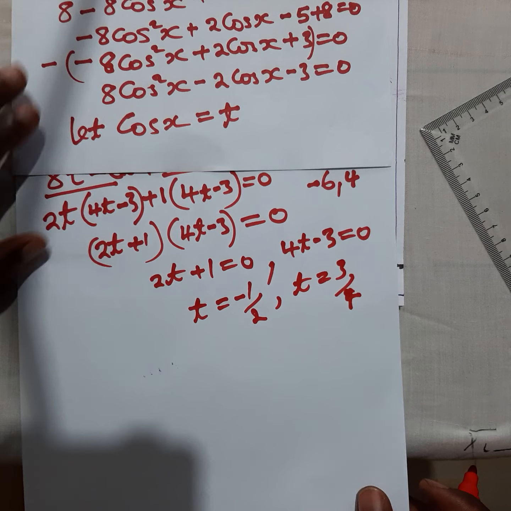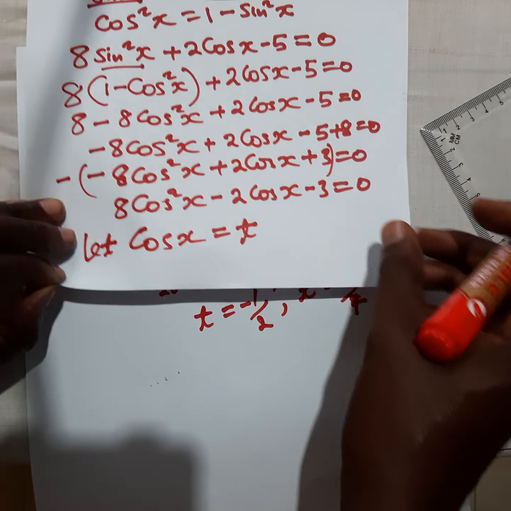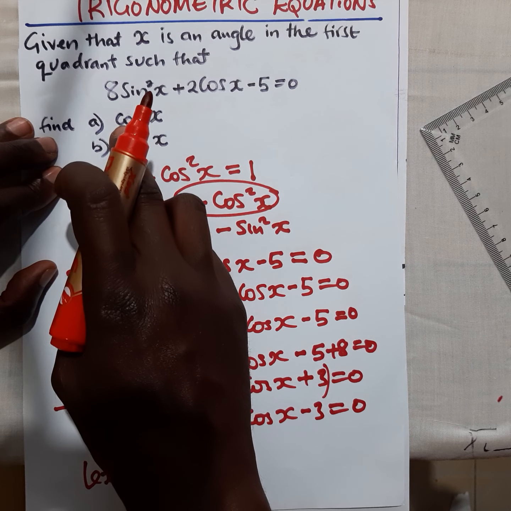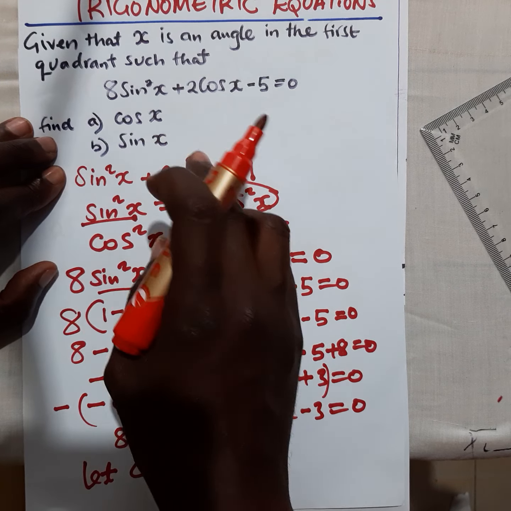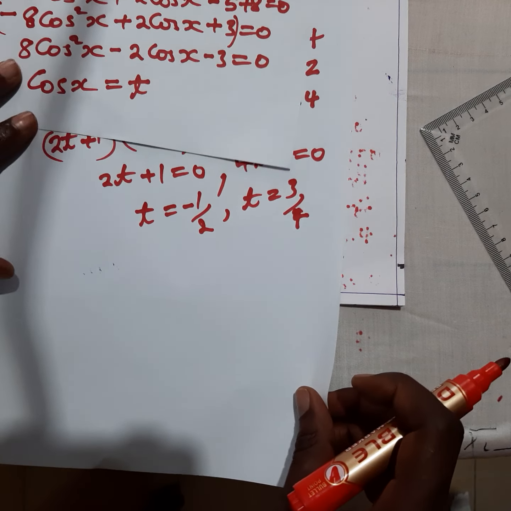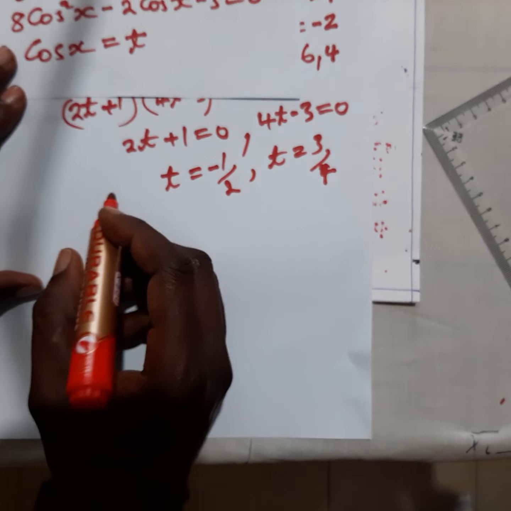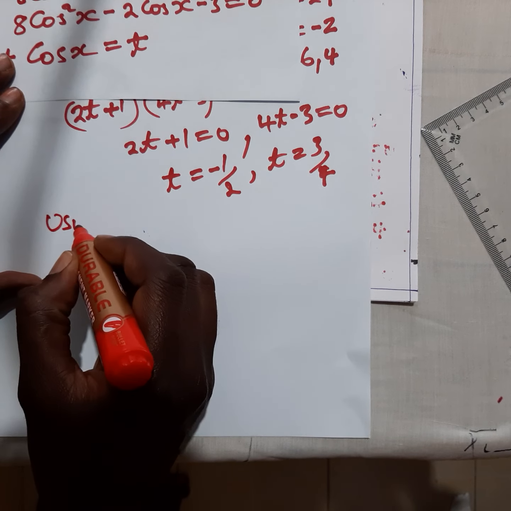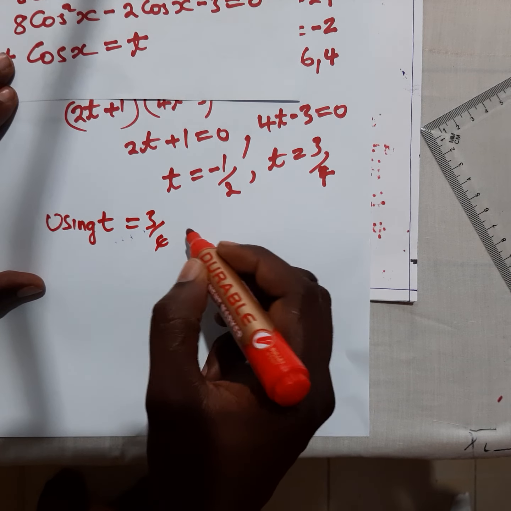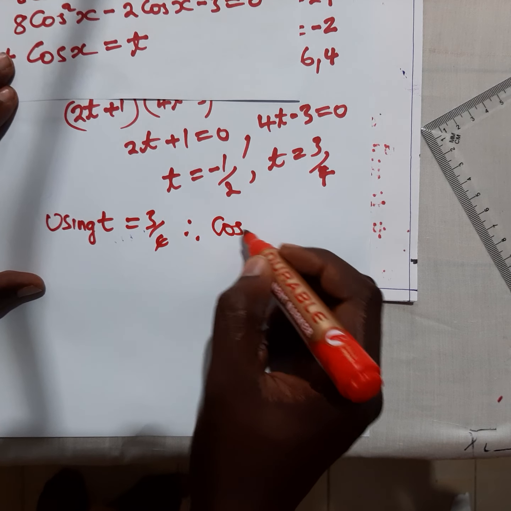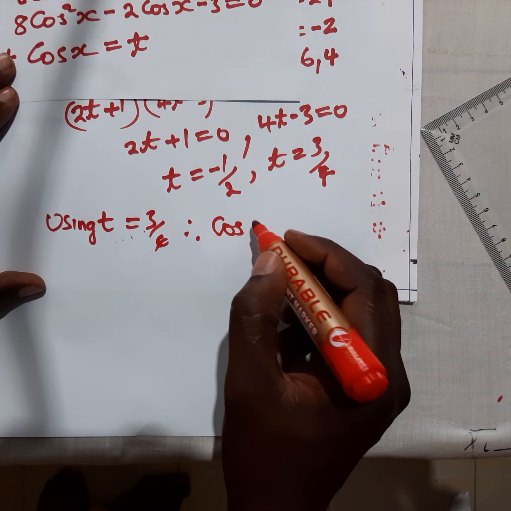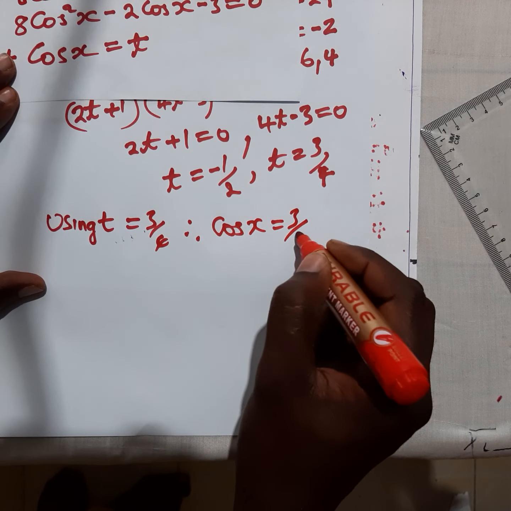Now to solve for cos x and also sine x, using t equals 3 over 4, therefore cos x equals 3 over 4.